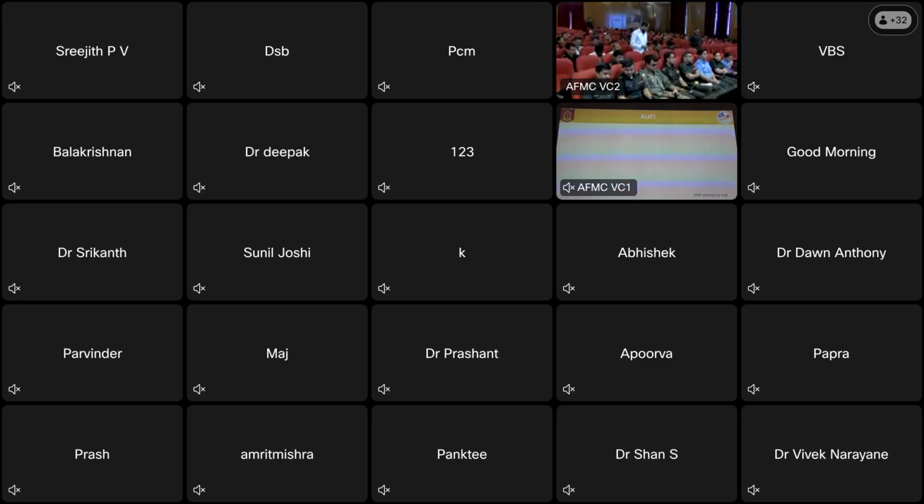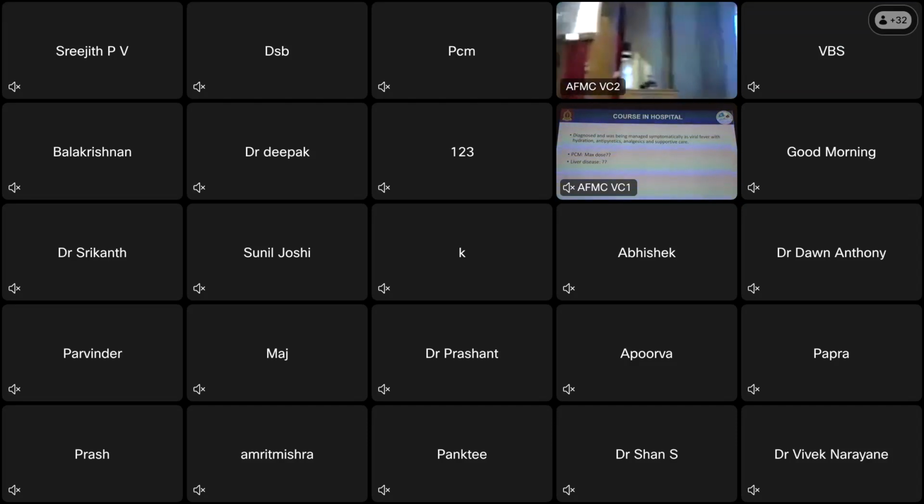As per ICMR, sir, the definition is an immunocompetent individual, 18 to 64 years of age, if he has fever of 2 days to 14 days duration with no apparent localizing sign on history or examination, is defined as acute undifferentiated febrile illness. Correct. Please sit. So this syndrome is AUFI, acute undifferentiated febrile illness.